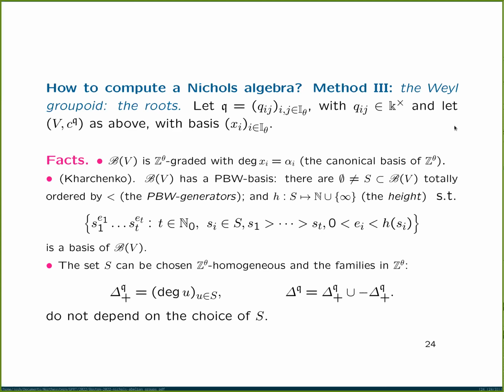This is not difficult. It depends on the following facts. First of all, one can define a grading over the group Z^θ of the Nichols algebra, just by saying that the degrees of the elements of the basis are the canonical basis of Z^θ.